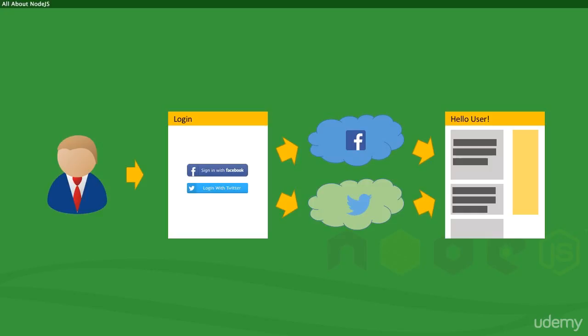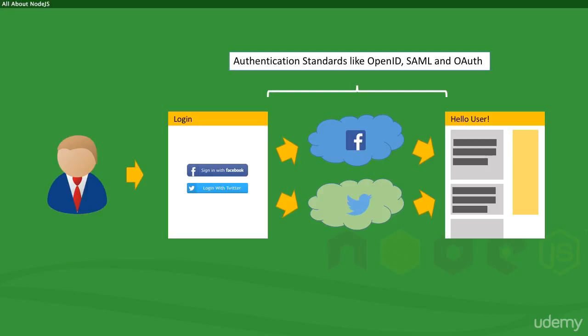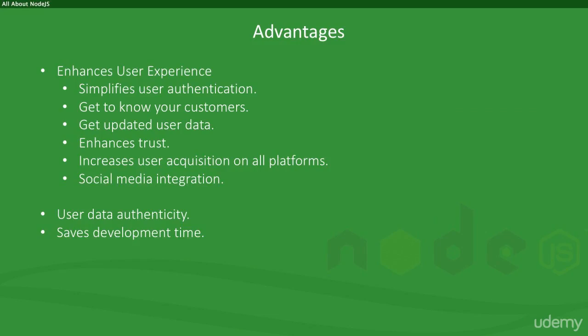You then get a personalized user experience on the third-party site without needing to register and remember one more username and password. The actual technical process of authentication is implemented using authentication standards such as OpenID, SAML or Security Assertion Markup Language, or OAuth.